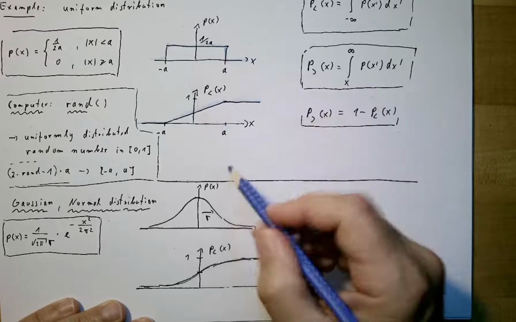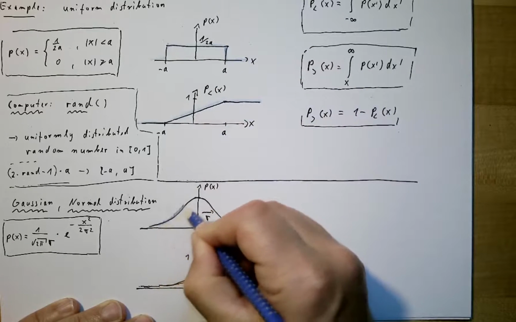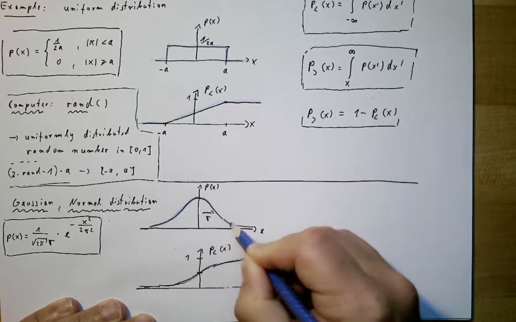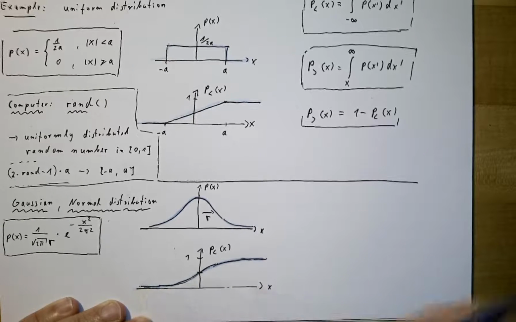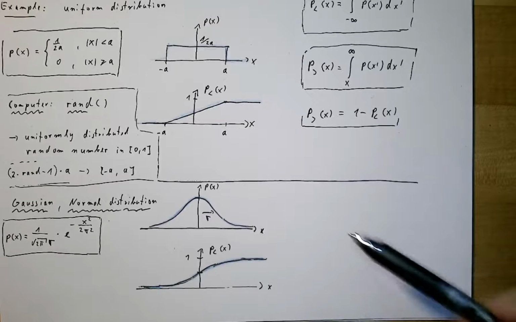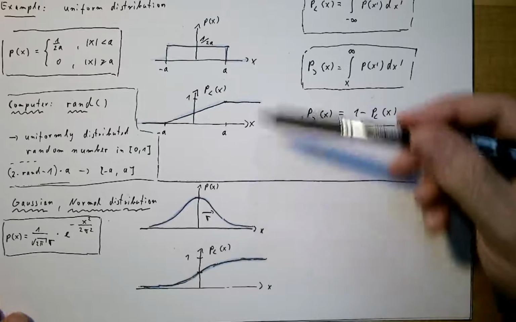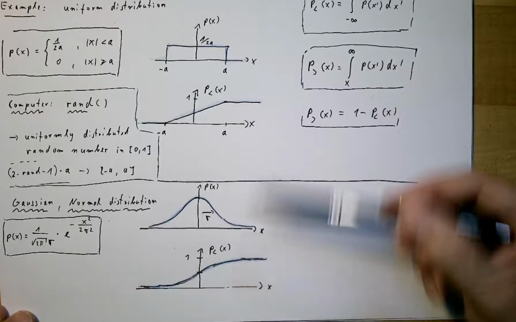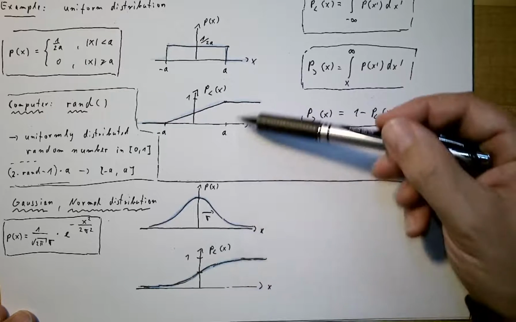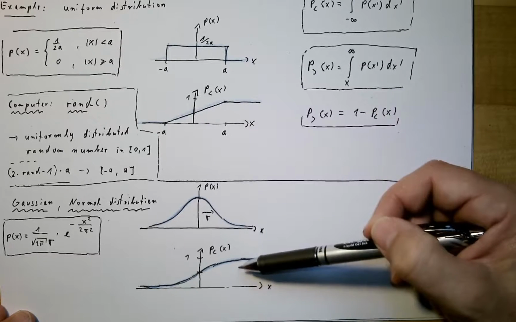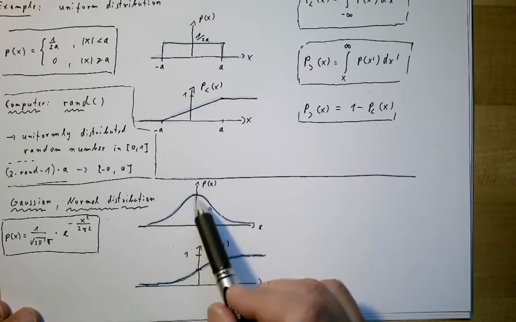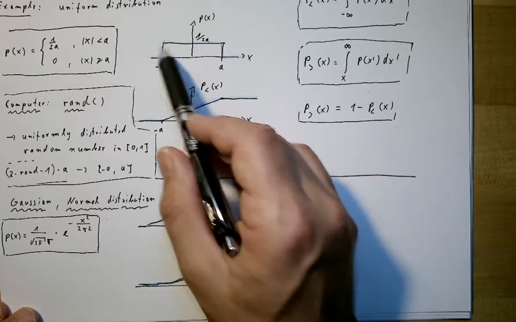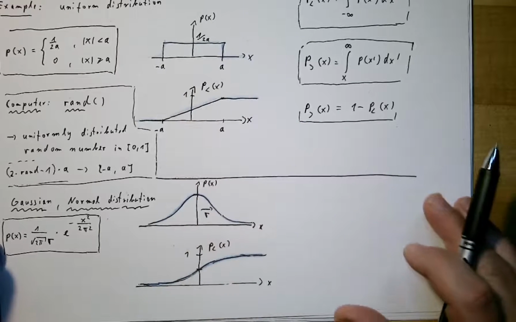Maybe to see the difference, I also make this colored. And so again, you can see the difference between the PDF and the CDF. The CDFs look rather similar, whereas in the PDF you directly see that here we have a tendency to have random numbers around 0, and here we have this flat plateau.